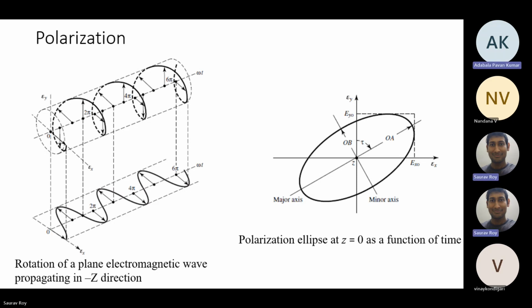And the bottom one, you see, is showing only EX, not EY. It is showing only one component. Yes, sir. So this spiraling picture has something to do with the two vector components of the electric field, right?